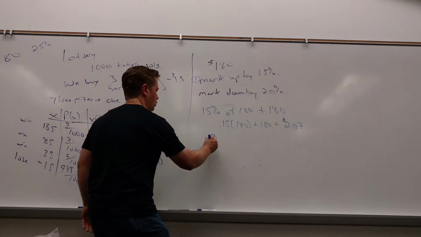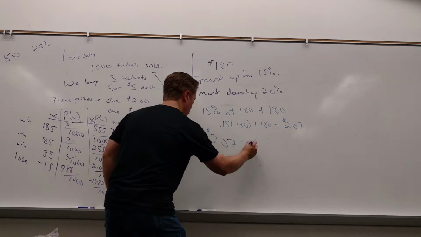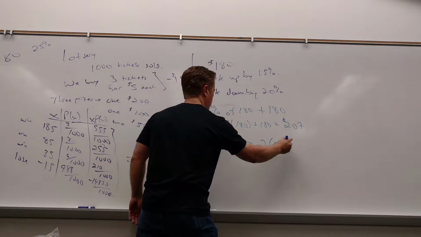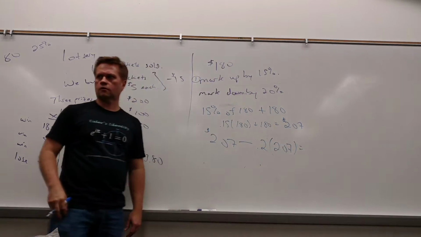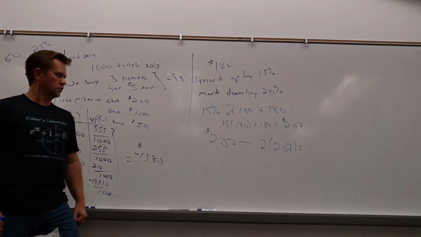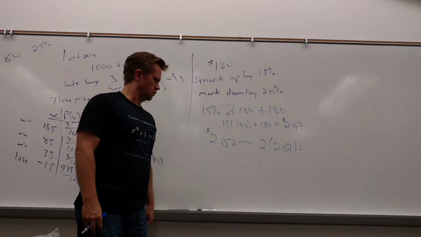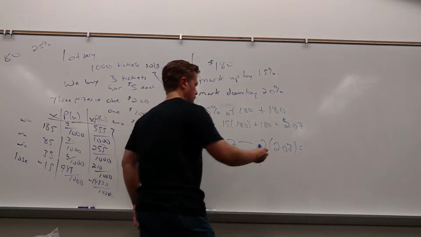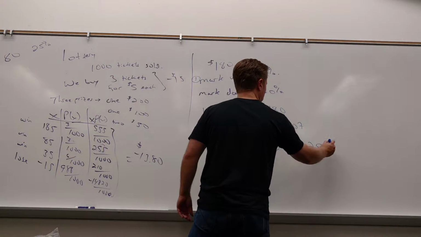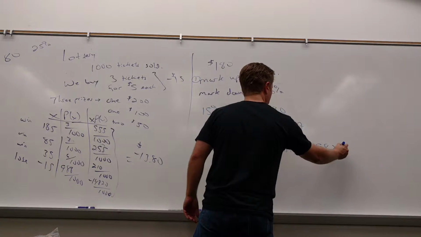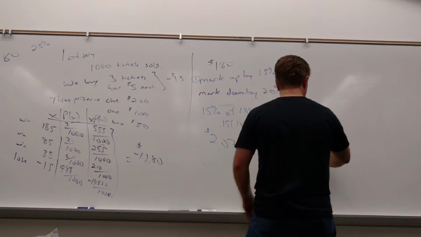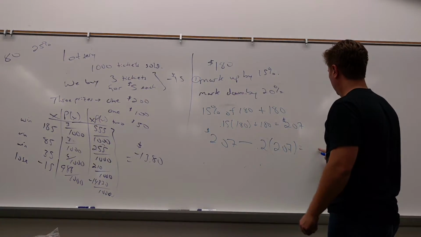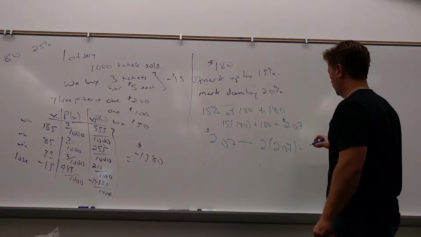So now I want to take the 207 and I want to mark it down by 20% of what it is. $41.40. That's what this is? All right. And then you take that away from 207. Where am I at? What do you say it was? 41.4, right?